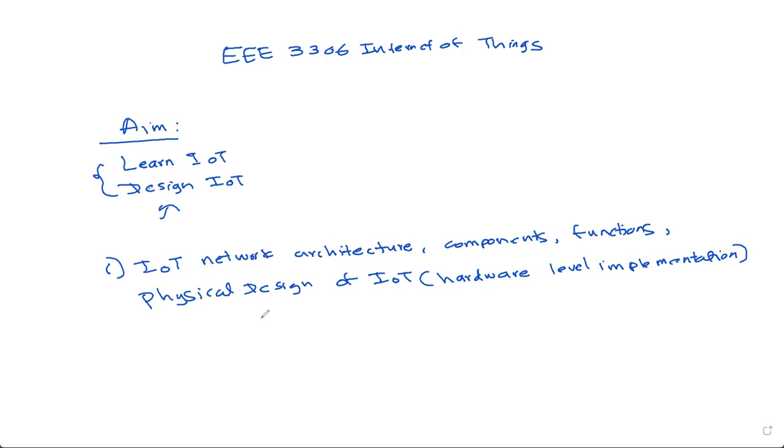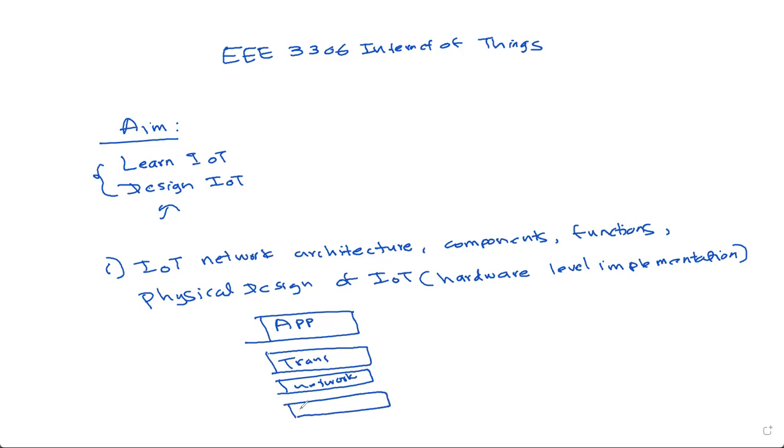We'll be trying to understand what are the protocols that we need to use in IoT networks and the different layers, like application layer, transport layer, network layer. Likewise, we have different layers to consider. And under those layers, we will be discussing what are the things that we need to consider when implementing IoT in these layers.